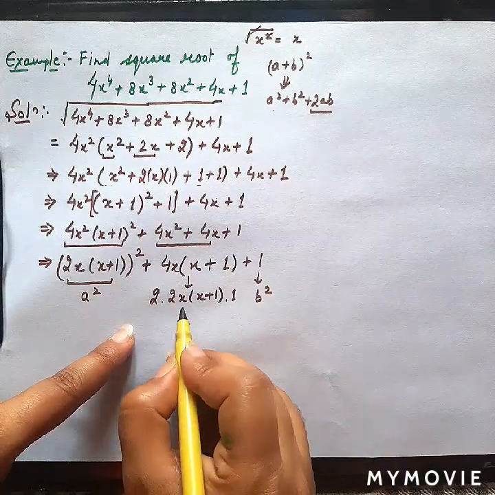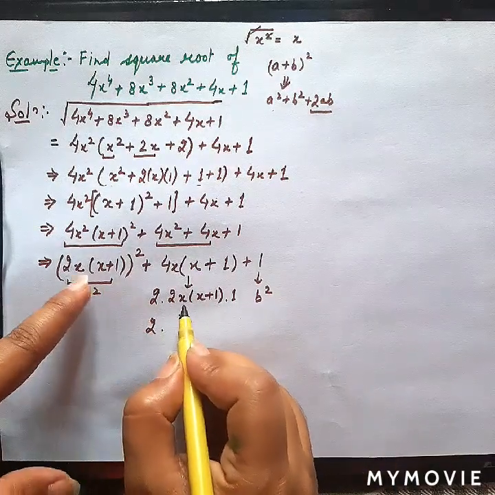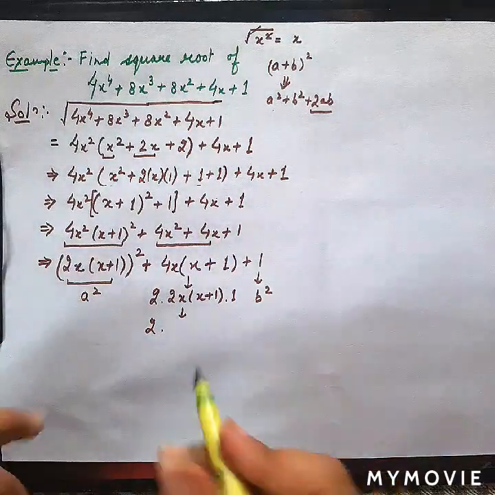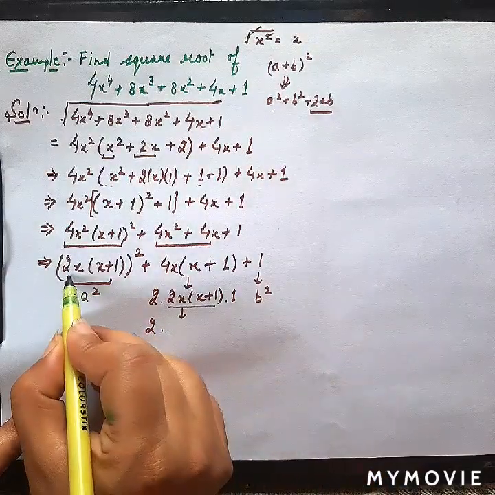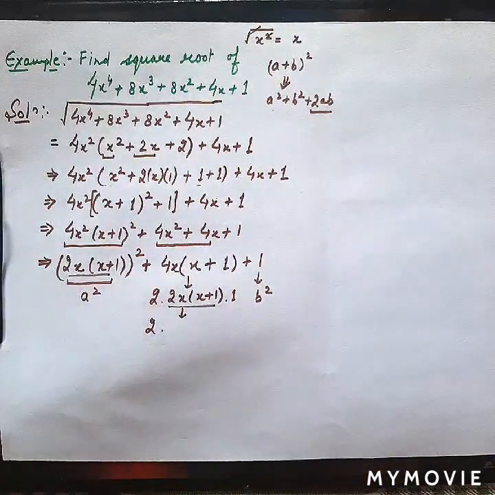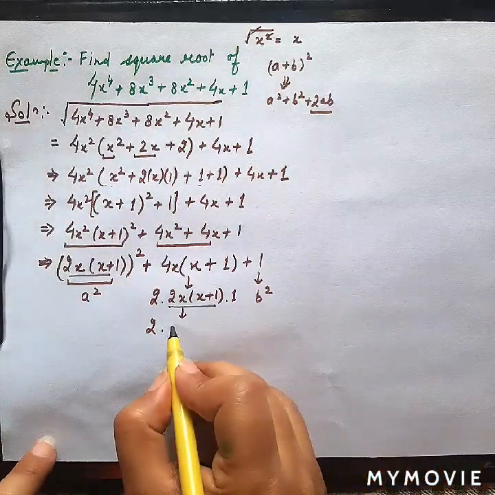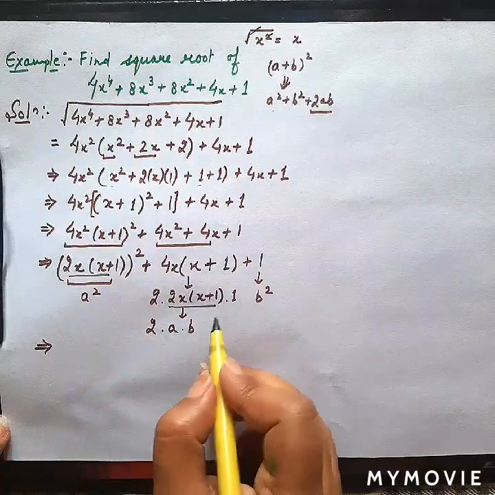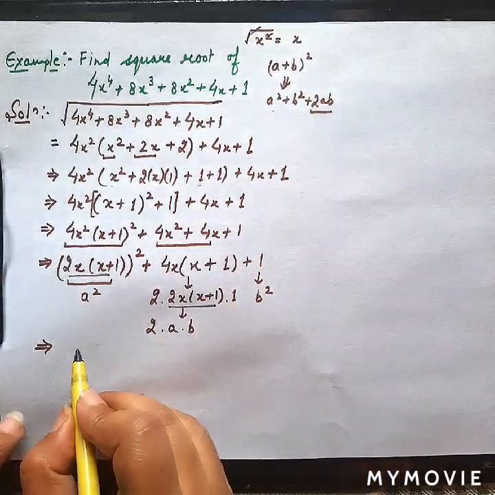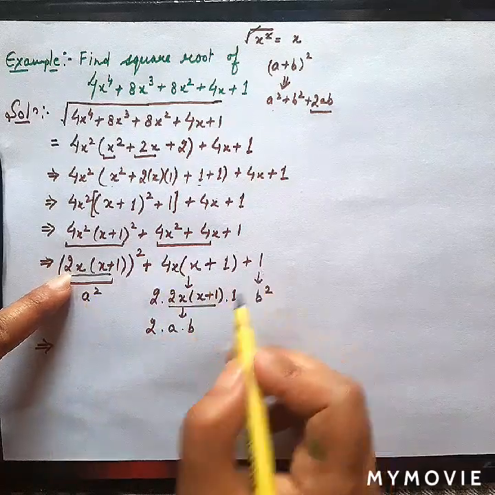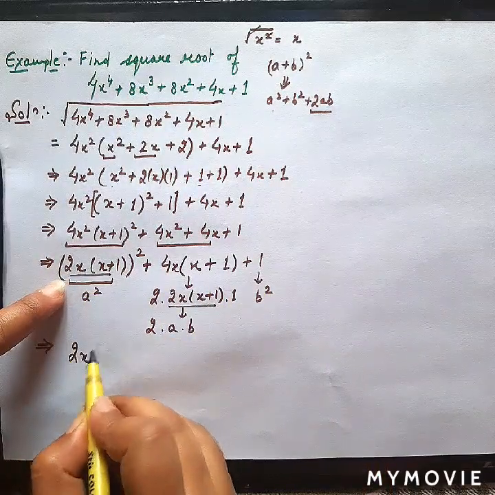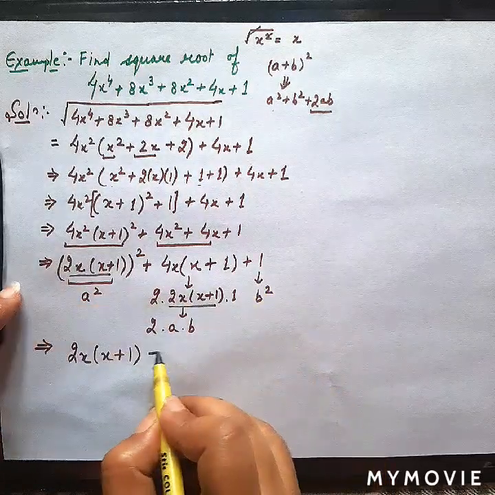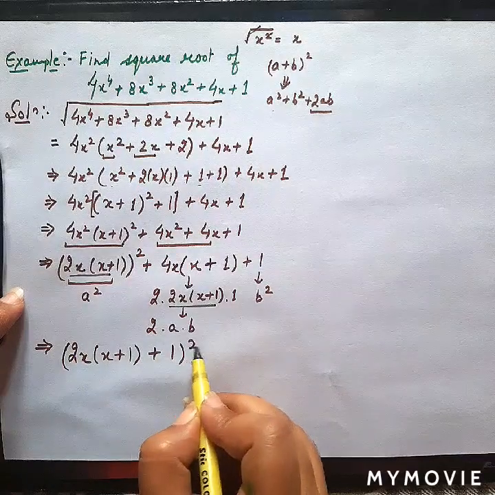Again 1 can be multiplied, so this can be written as 2 and 2. This number 2x(x + 1) equals a, and 1 equals b. So this has become the formula (a + b) whole square, where a is 2x(x + 1) and b is 1.